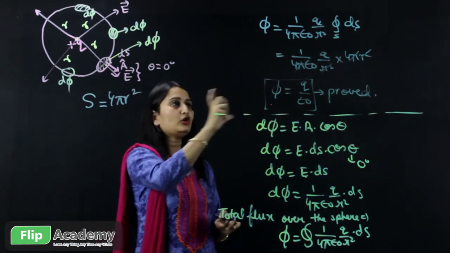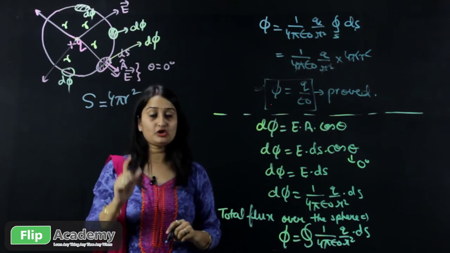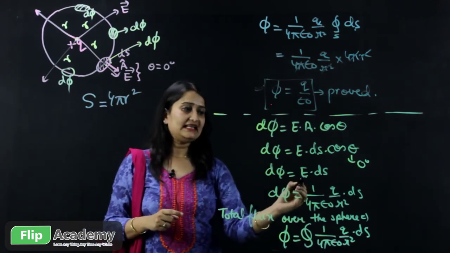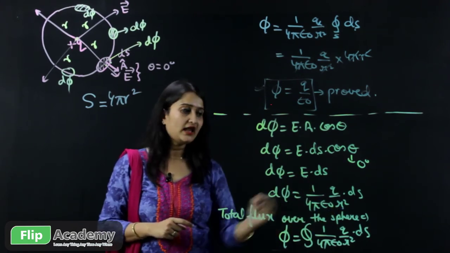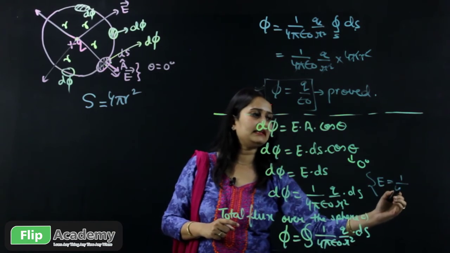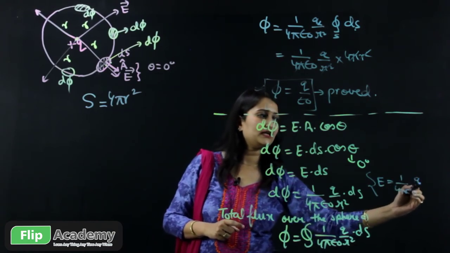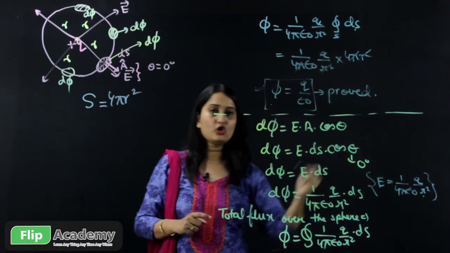Now look at this equation and how it comes. This equation only comes when the electric field intensity is inversely proportional to r square. You can see that when we put the formula for electric field intensity, 1 by 4 pi epsilon naught q upon r square, E is proportional to 1 by r square.